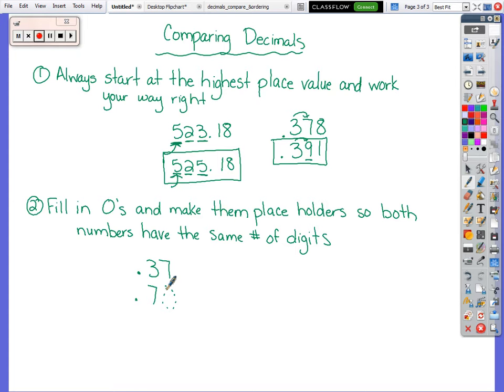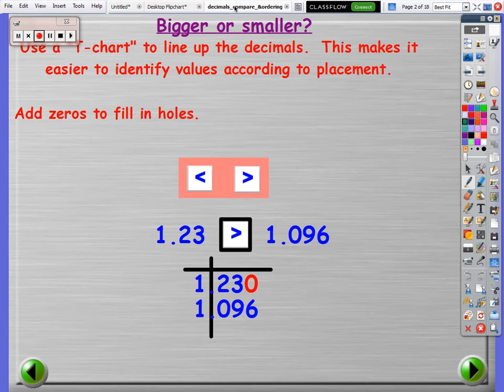Now the next thing I'm going to show you is a strategy to use to compare them. It's called using a T-chart. So I'm actually going to flip over to my flip chart. Using a T-chart to line up the decimals makes it easier to identify values according to placement. Because sometimes if you just write the numbers and you have your decimals in different spots, you're not really sure, well wait, that one looks bigger because the decimal's more over to the right.